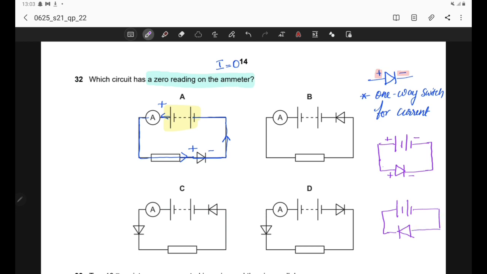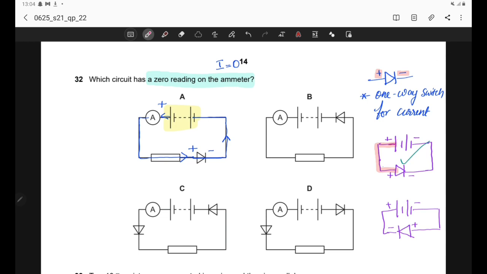So these are the 2 different possible connections with the diode. In the first one you can see the positive side of the cell connected to the positive side of a diode. When you connect the diode in this way, the diode is said to be forward biased. In this case only the diode will let the current flow.